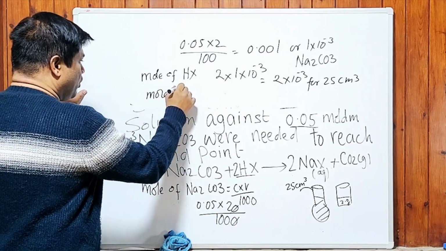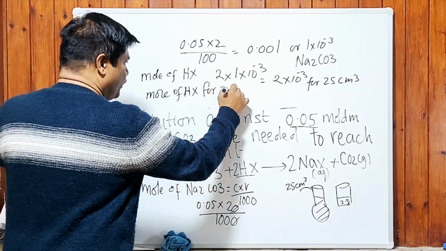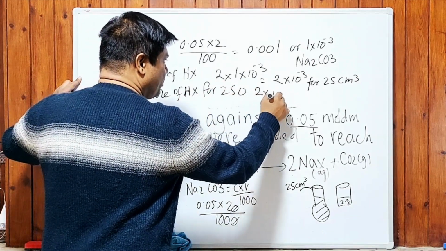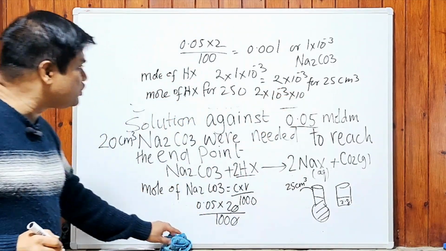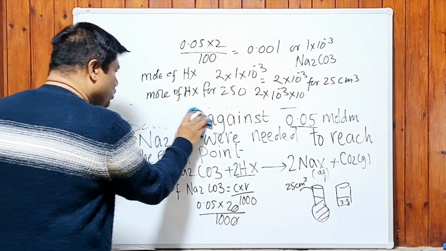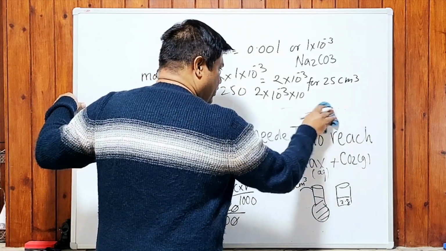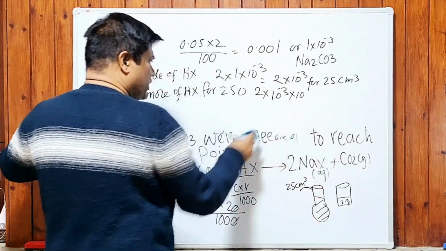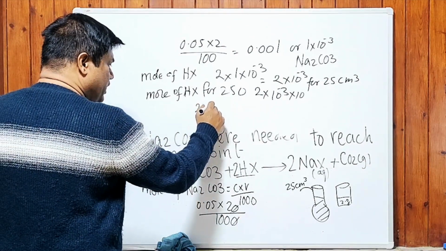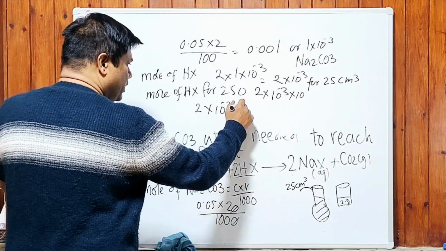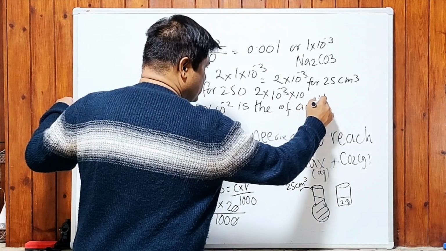Moles of HX for 250 is 2 into 10 to the power of minus 3 times 10, which is 2 into 10 to the power of minus 2. That's the mole of the unknown acid given in the question.